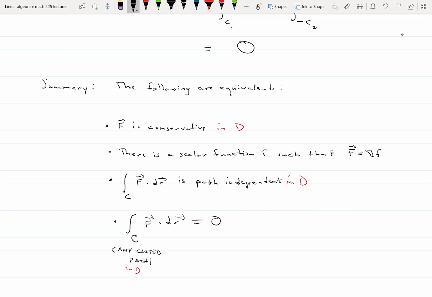And that's absolutely equivalent to the integral along every closed curve in our domain D being 0. So if every integral is 0, then you have a conservative force. If you have a conservative force, then the work is path independent. If the work is path independent, then the work is 0. So each of these is equivalent to the other. If you have one, you have the other.